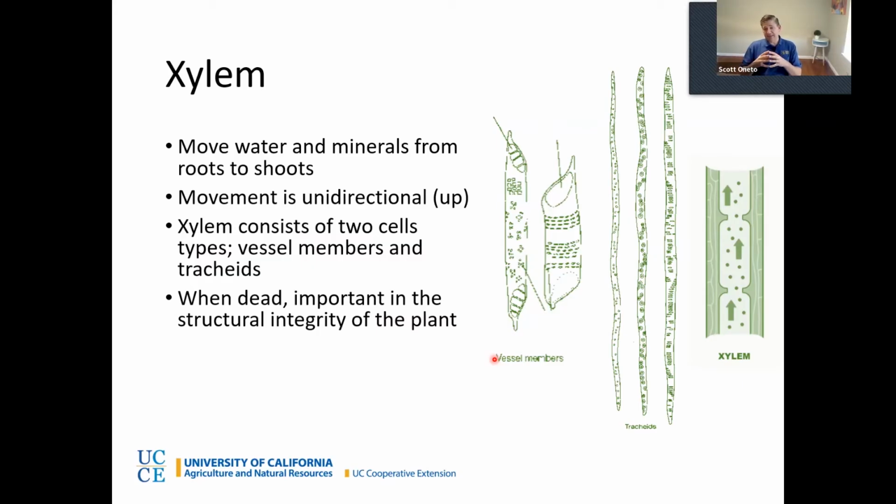And as new xylem cells are being made and others die off, they don't go anywhere. They stay inside the plant, but the dead ones basically become the structural integrity of the plant. I'll show you some pictures of that just a little bit later.